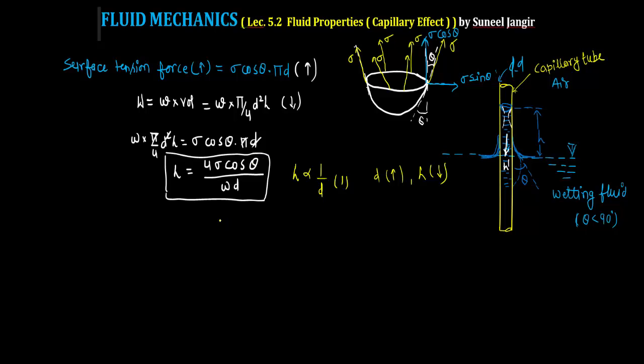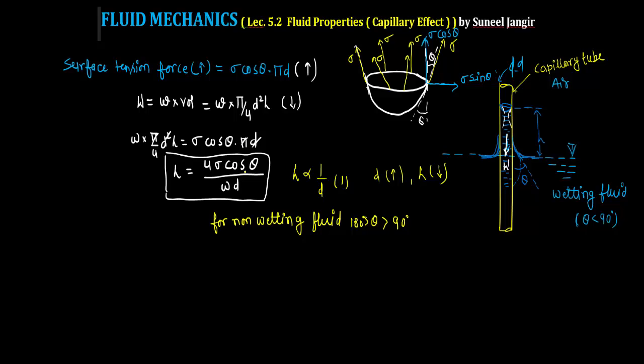We know for a non-wetting fluid, theta is greater than 90 degrees but less than 180 degrees. So when I put the value of theta greater than 90 degrees, this whole term will be negative.